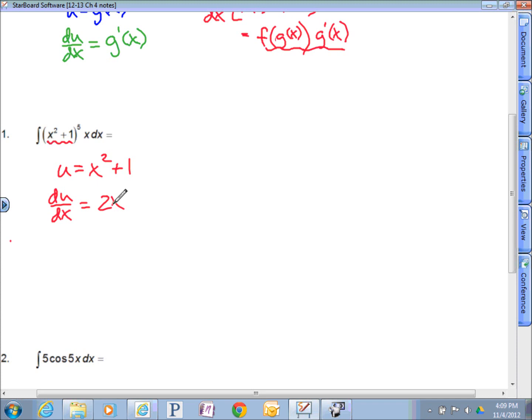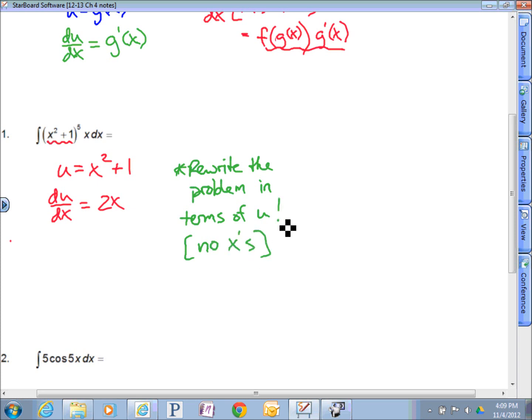So what we want to do right now is rewrite the problem in terms of u. And that's a little note right here, no x's. That's your job. Rewrite the problem in terms of u with no x's.